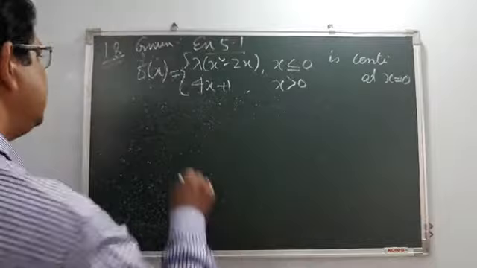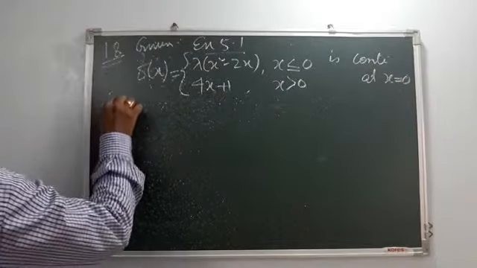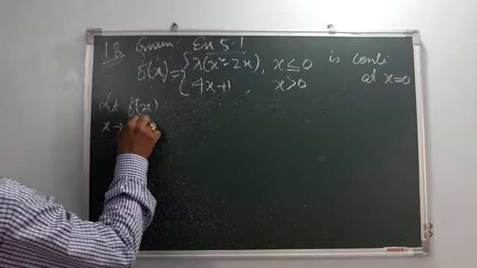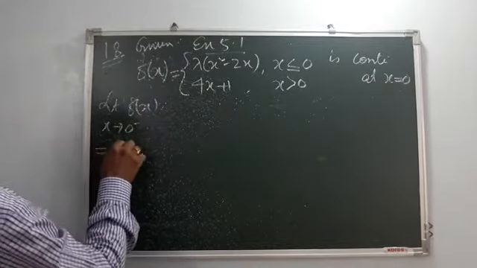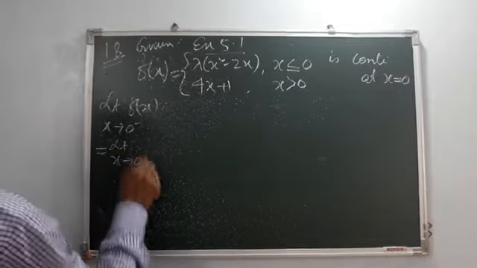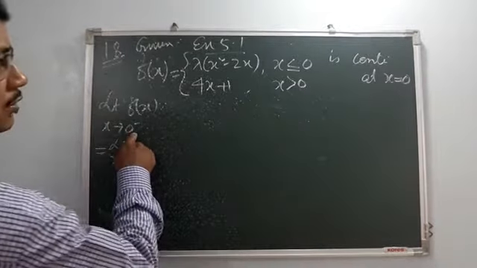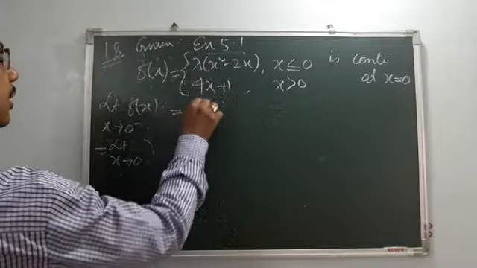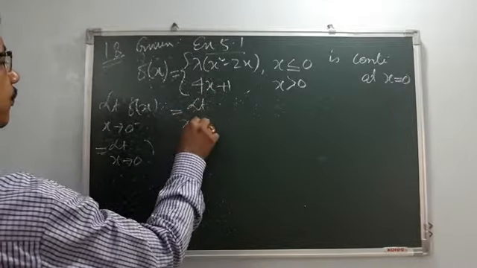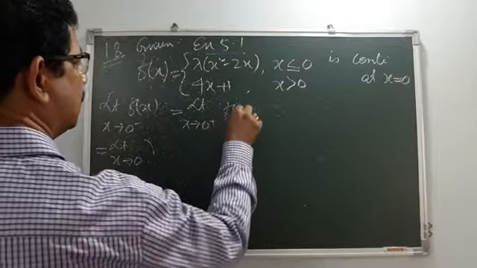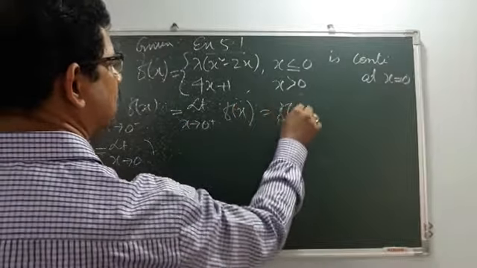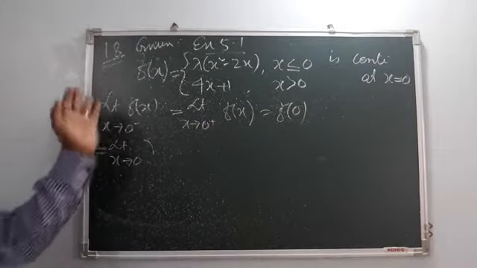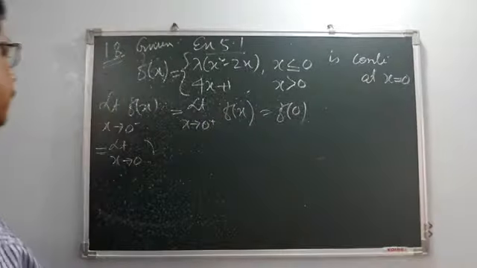Now here the LHL, that is the limit of f(x) as x tends to 0 minus. This is our LHL. As it is continuous, we will write everything together: these three things are equal, as it is continuous at x = 0.